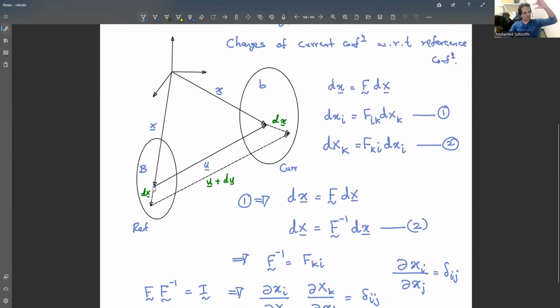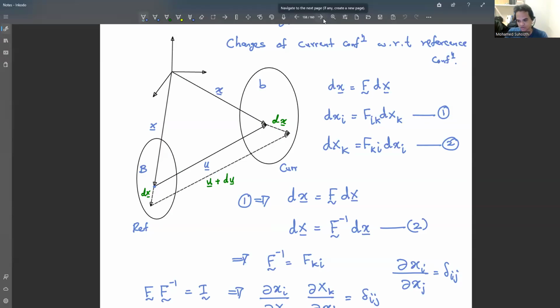So every line here, whatever the line, if you take 2 points in the reference configuration, it connects to the current configuration one. This is your F. This is one important thing.